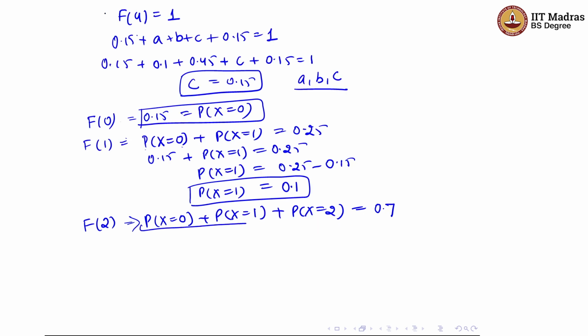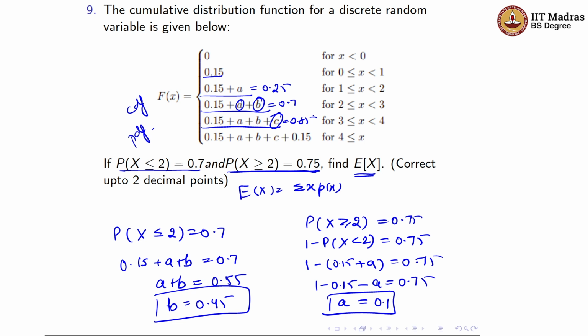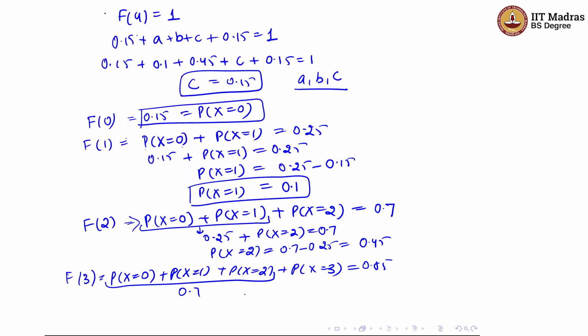We know the sum of the first two is 0.25, so the probability of x equals 2 is 0.7 minus 0.25, which equals 0.45. Similarly, F3 is the sum of the probabilities of x equals 0, 1, 2 and 3, and this whole is 0.85, so the probability of x equals 3 is 0.15.